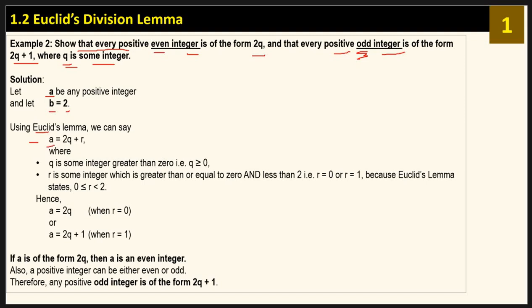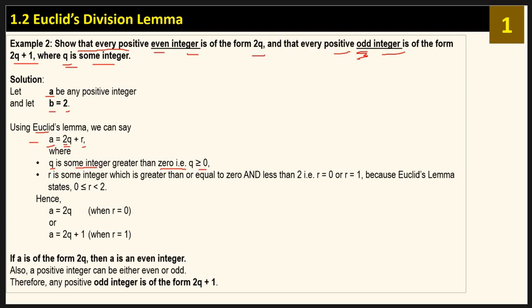a as equal to 2 times q plus r. So if you notice in our case, b is 2 and we have a is equal to b times q plus r. And in this case, q is some integer greater than or equal to 0.